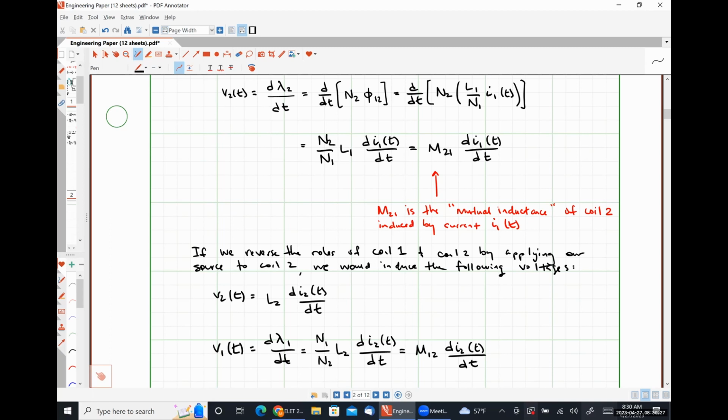Very similar results when we move the source from the left-hand coil to the right-hand coil. Okay.